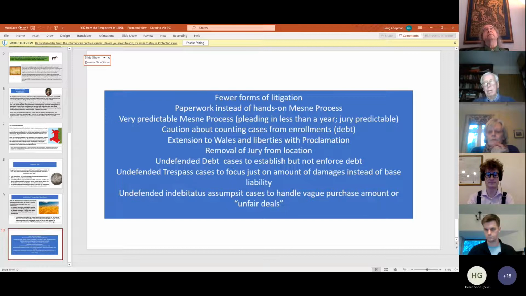Forgot to mention here that the downside of these undefended debt cases is that it's possible that this allowed people with money to form dependent relationships with debtors.